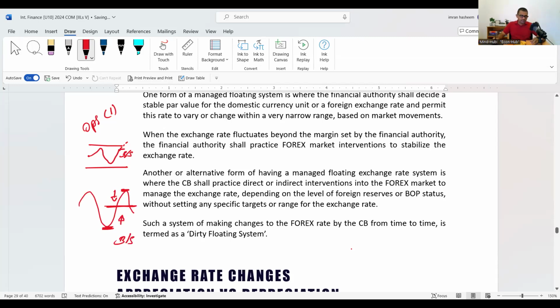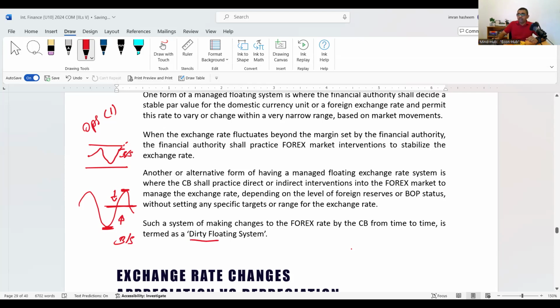Listen carefully: the central bank hasn't had a range, they haven't predetermined or said this is the range. Without giving a range or any indication, all of a sudden the central bank is practicing intervention and not allowing demand and supply to decide. We call this kind of managed floating system, and this kind of intervention by the central bank, dirty floating.